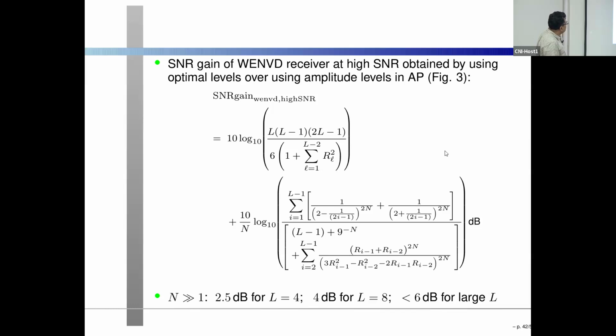You can derive it. If n is large, I think this term will vanish and only this is left. Anyway, let's look at numbers. It's 2.5 dB for L equal to 4 and 4 dB for L equal to 8, less than 6 dB for large L. So it's a significant gain. 3 dB is like twice, so it's not bad.